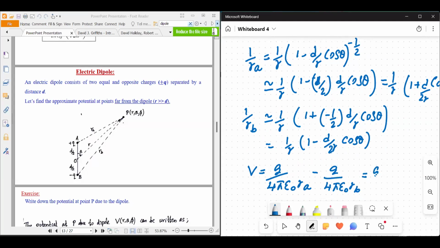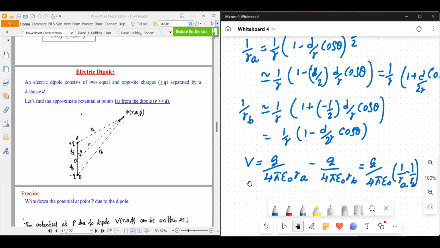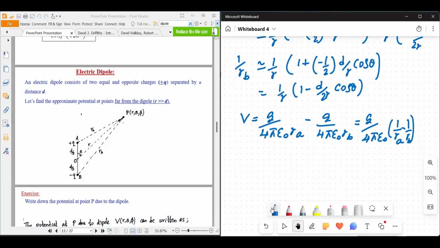So it is equal to Q over 4 pi epsilon naught times (1 over RA minus 1 over RB). Then the potential here is equal to Q over 4 pi epsilon naught times 1 over R.